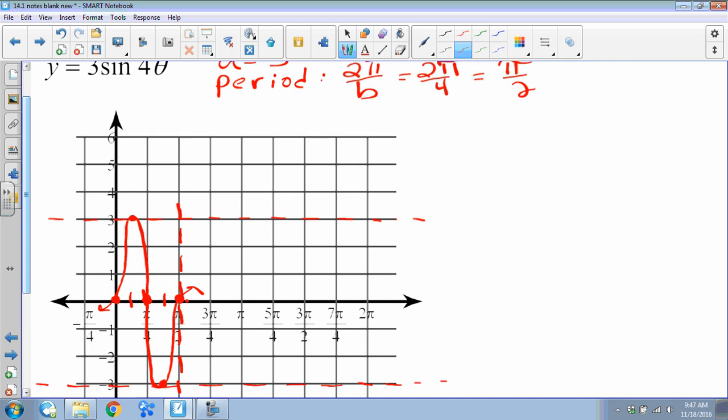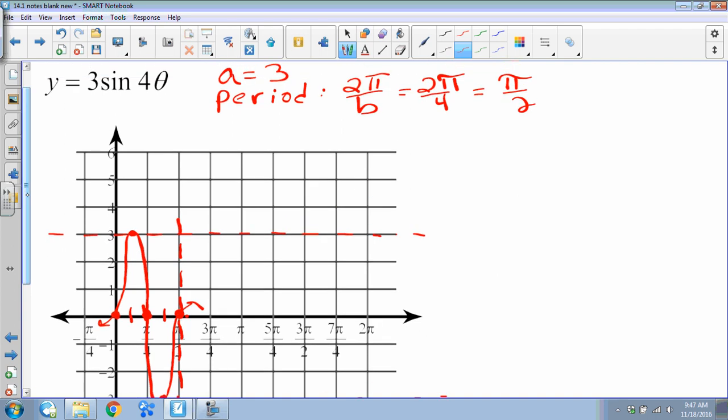So you see what happened was, it got stretched vertically. See how it's really tall? And then this compressed it. So it's like an accordion. Okay? Any questions?